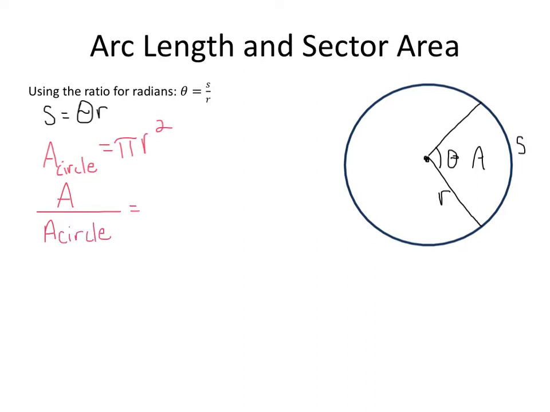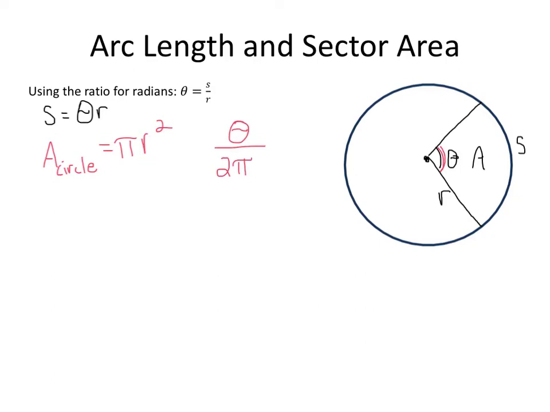Just like the measure of the central angle of this sector is proportional to the measure of the central angle of a circle. We would denote that as theta, being the central angle of the sector, divided by 2 pi radians as the measure of the central angle of the circle.